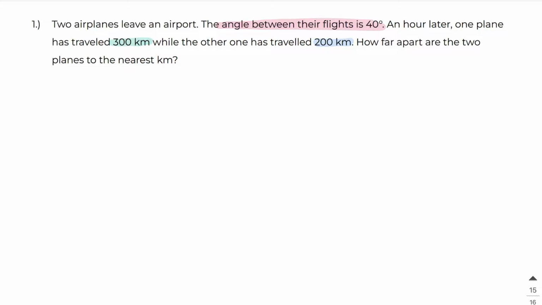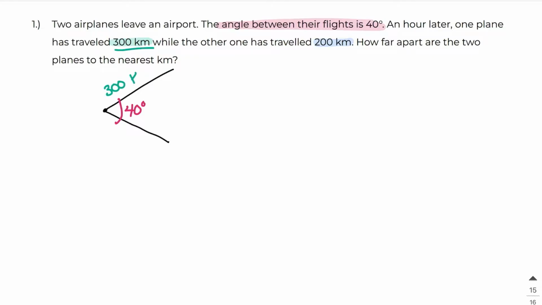So if you look right here, we have our airport. This is our airport right here. And it says that 2 planes are flying with an angle of 40 degrees in between. So we know that this right here is going to be this 40-degree angle. And then it says an hour later, one plane has traveled 300 kilometers.